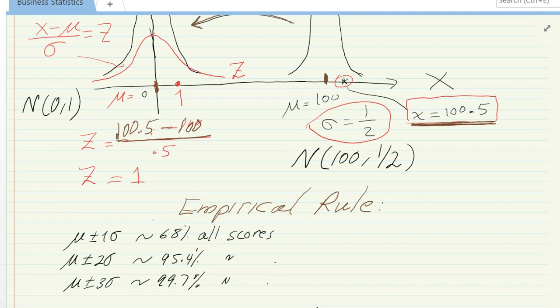1 deviation, plus or minus 1 deviation, that's this line, contains almost 68% of all scores. So 1 deviation above or below, that total interval, contains 68% of all scores. 2 deviations above and below contains 95.4%, and 3 deviations covers almost all of the scores.